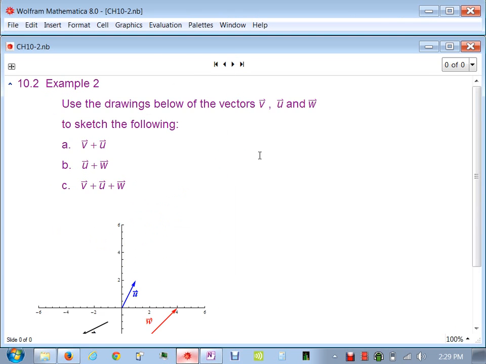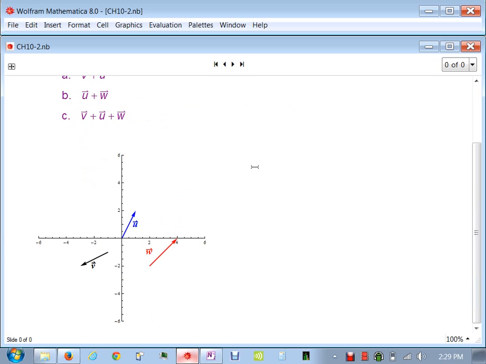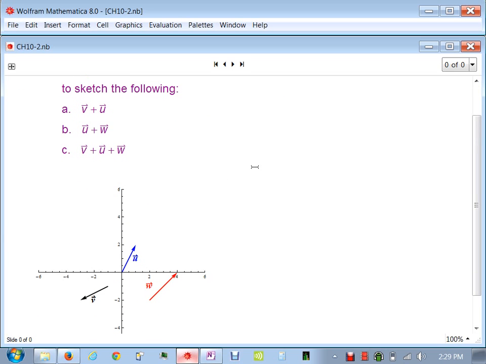Now, the next one is an exercise that I don't think I'm going to be able to do here easily. What would V plus U be here?